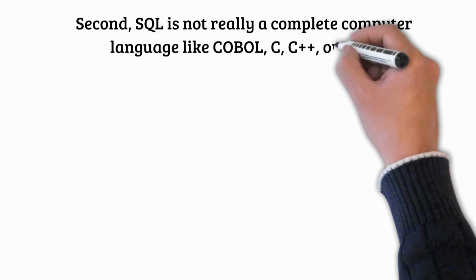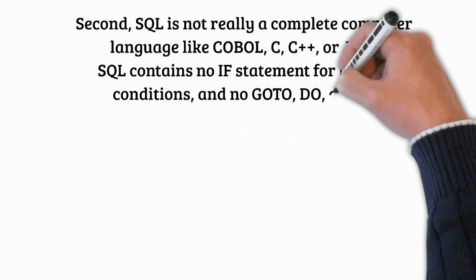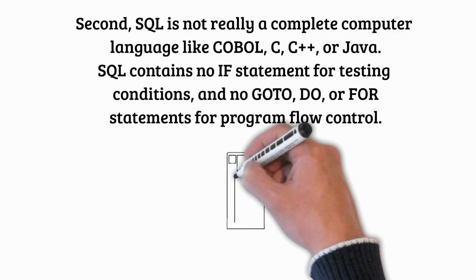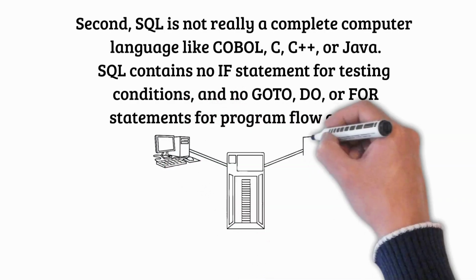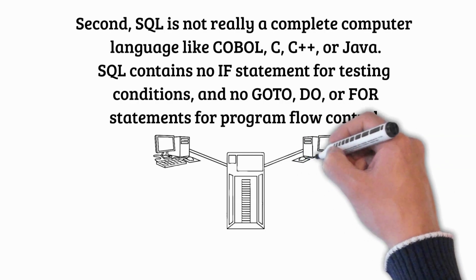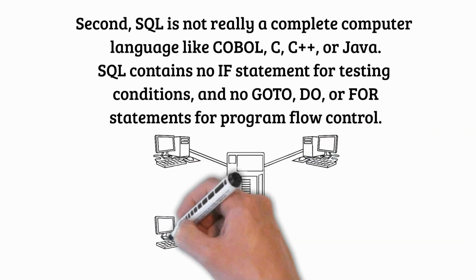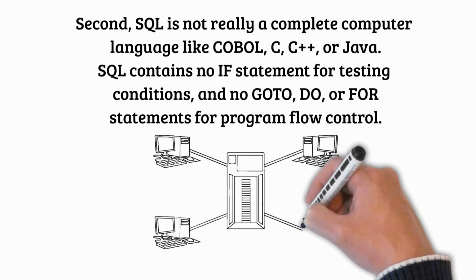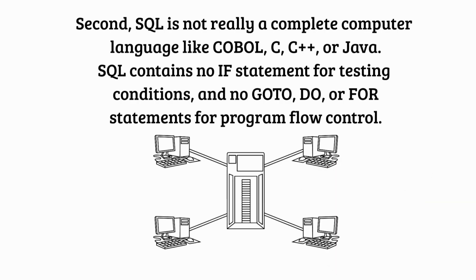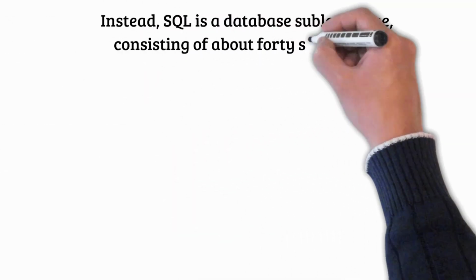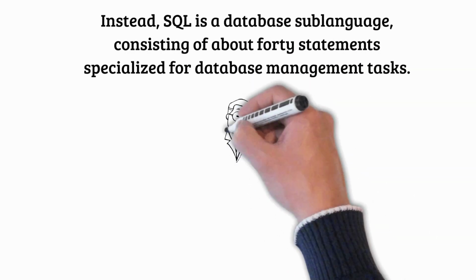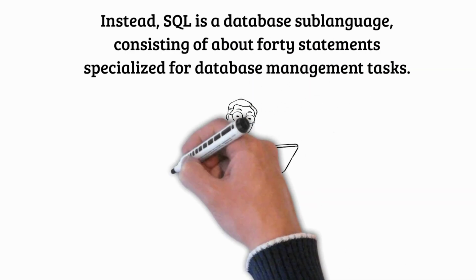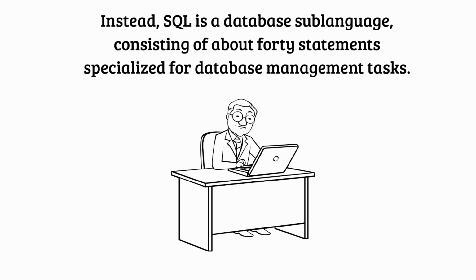Second, SQL is not really a complete computer language like COBOL, C, C++, or Java. SQL contains no if statement for testing conditions, and no go-to, do, or for statements for program flow control. Instead, SQL is a database sublanguage consisting of about 40 statements specialized for database management tasks.